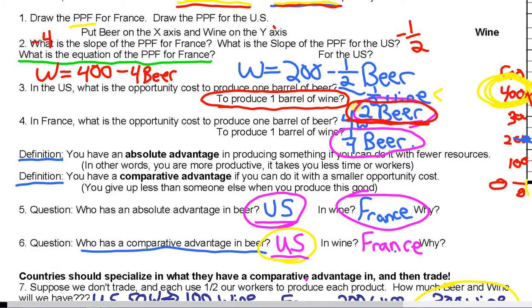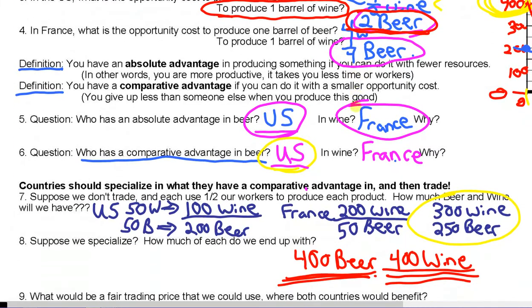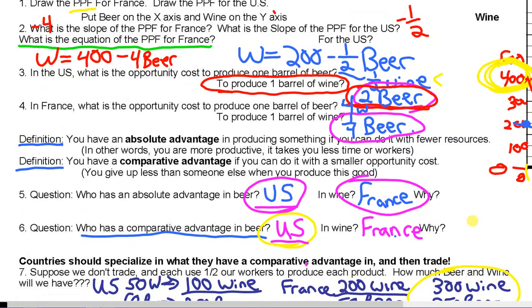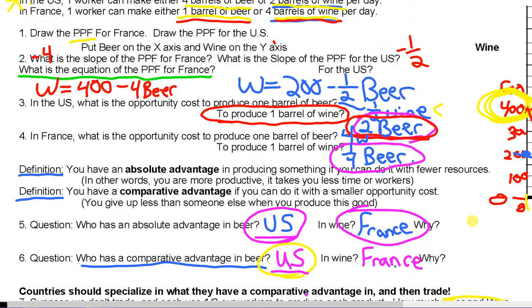Now let's think about France. France has wine. They want to buy beer with wine. How much would they be willing to trade to get a beer? Well, what if they produced their own beer? What is the cost for France to produce a barrel of beer themselves?